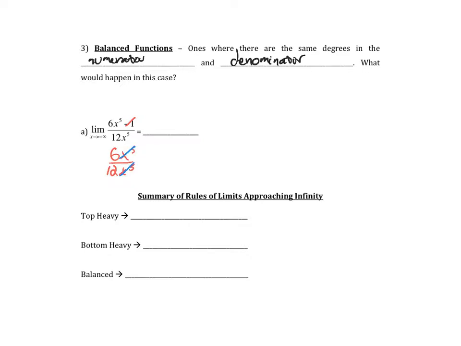So since those guys always cancel each other out, what are you left with? You're really just left with 6 over 12, which in this case simplifies to 1 over 2. Guess what? That's your limit. Okay, that's your limit.